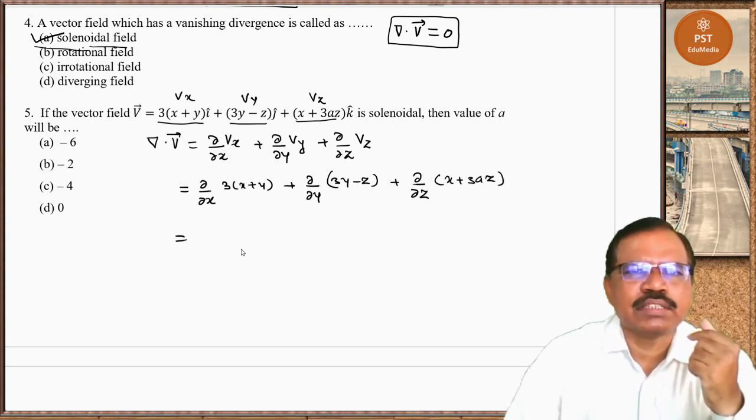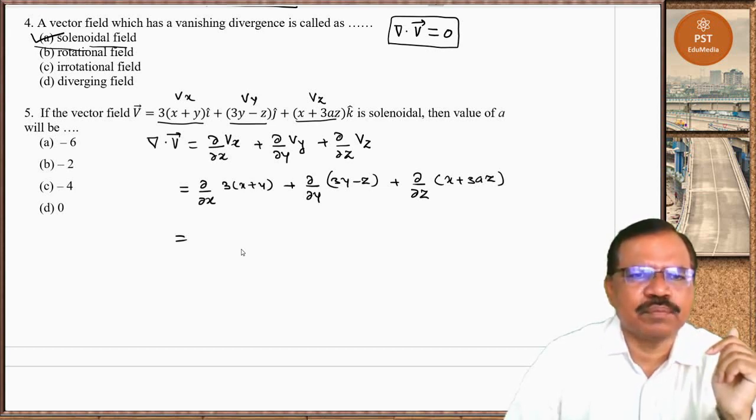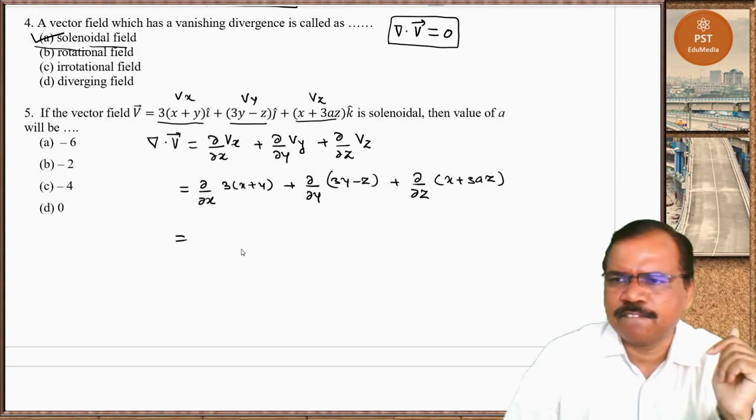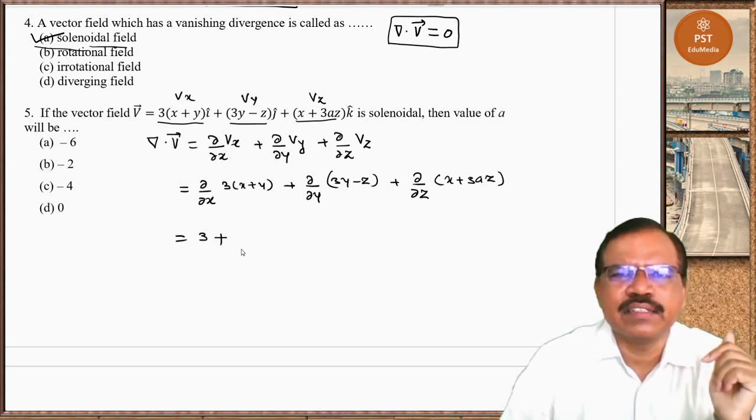Now here from the first one, del by del x of 3x plus y, what is the derivative of this? 3. It is 3 plus, what is the derivative of the second one? 3. It is also 3. What is the derivative of the last one? 3a.